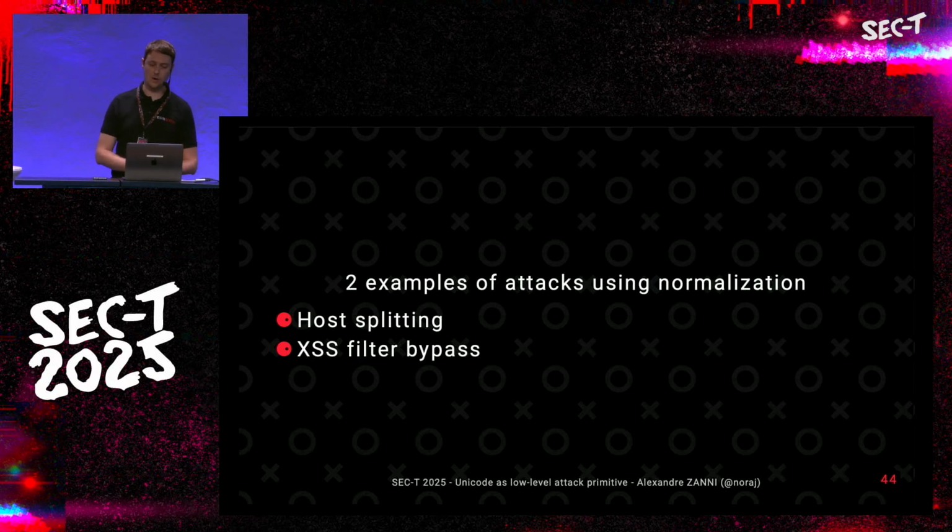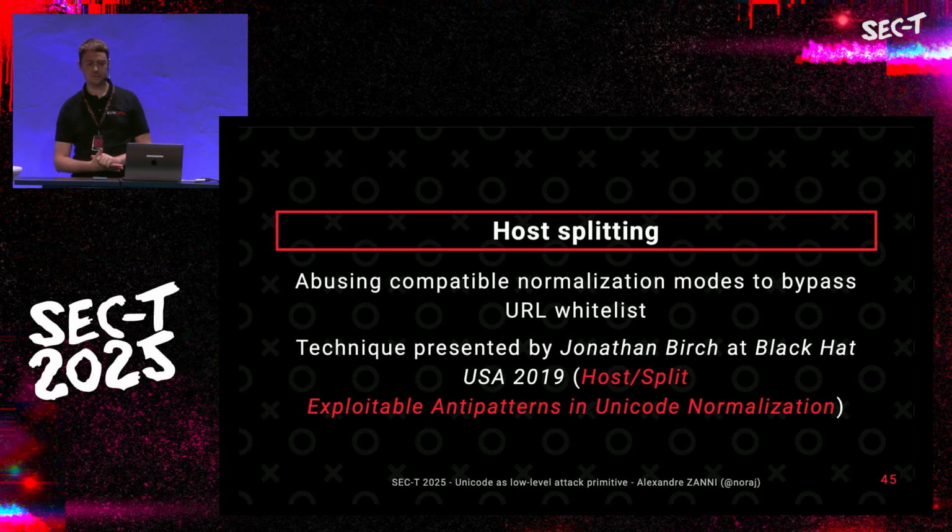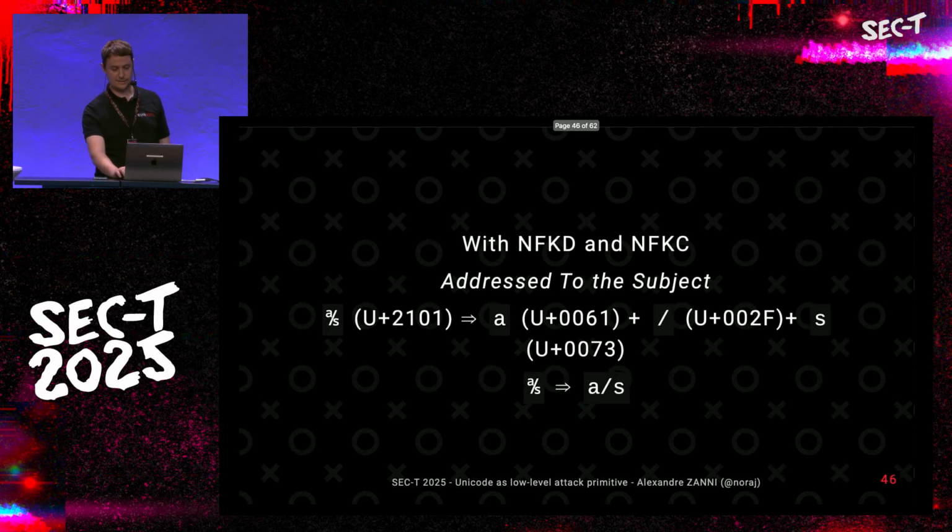One is host splitting, and the second is XSS filter bypass. I think the first time we heard about the host splitting vulnerability was at Black Hat in 2019. It's an attack about abusing the normalization compatibility mode to bypass a URL whitelist.